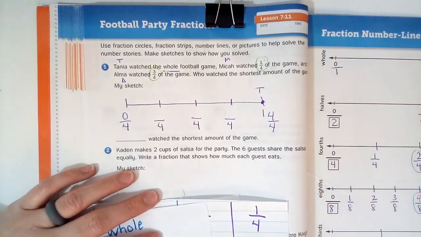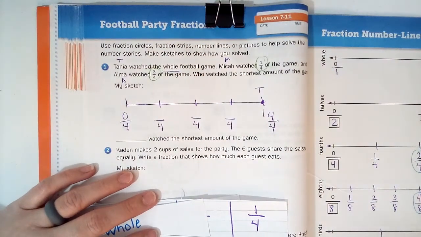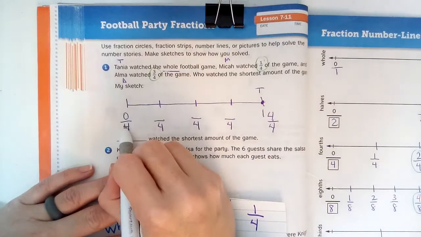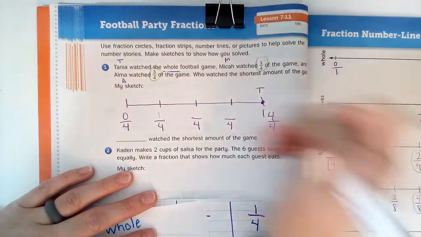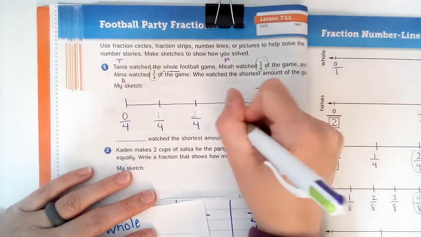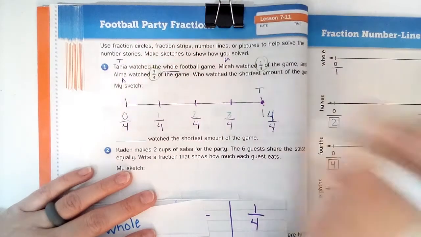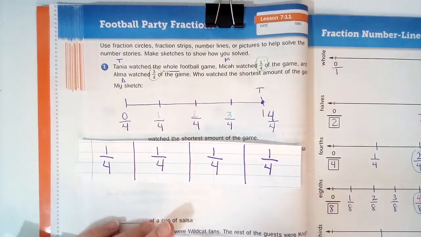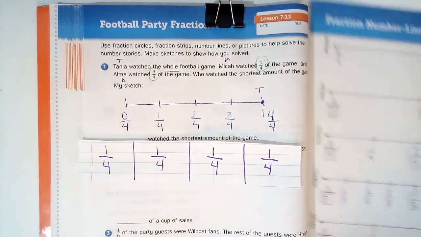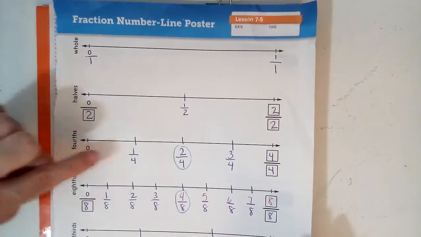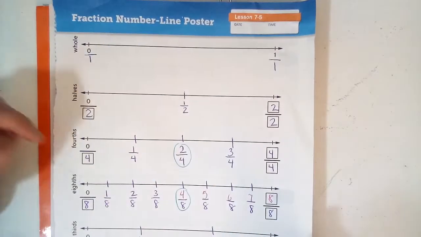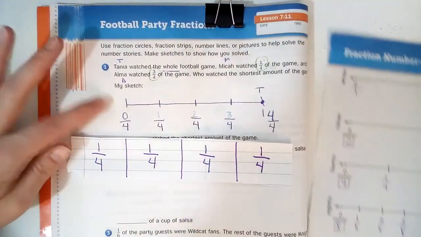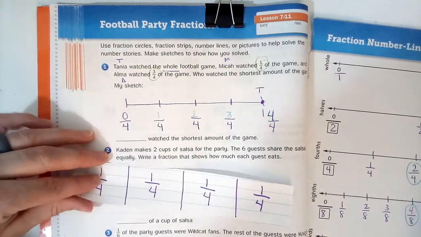We just need to fill in our top numbers, our numerators. So this is 0/4, 1/4, 2/4, 3/4, and 4/4. And here's my quarter numbers, and I have it right here on my number line. I could have used this, but I need to show my work, so that's why I had to write it out.